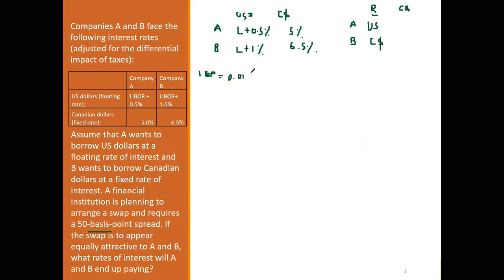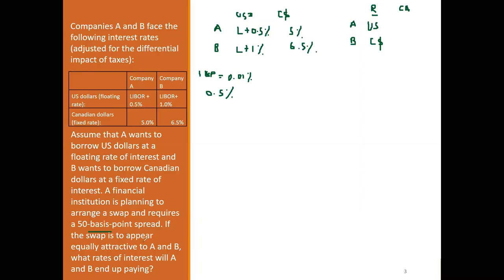If that's the case, how much is 50 basis points? As in the previous case, it would be 0.5%. So 50 basis points will reflect a return of 0.5% to the financial intermediary.